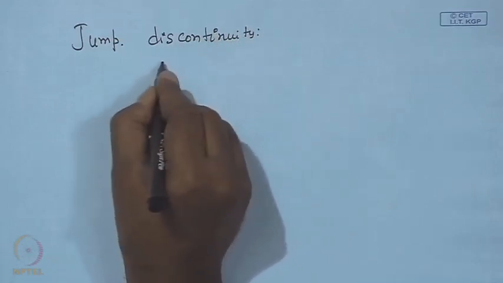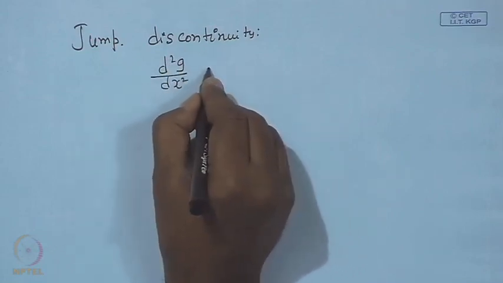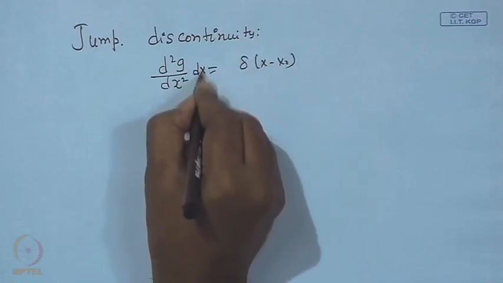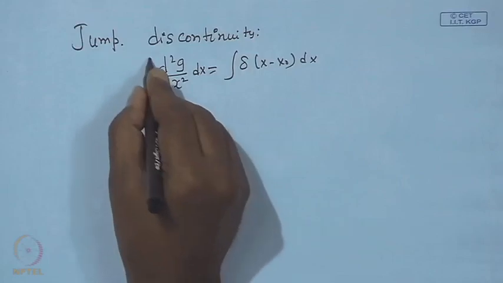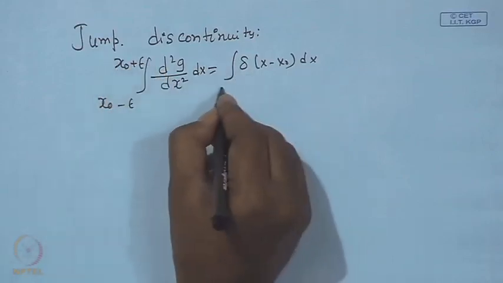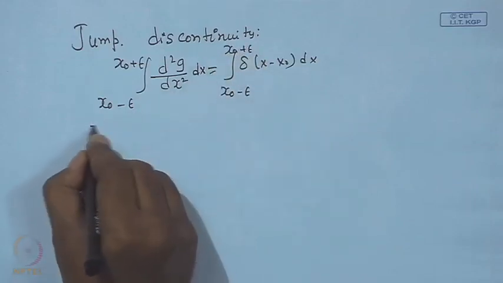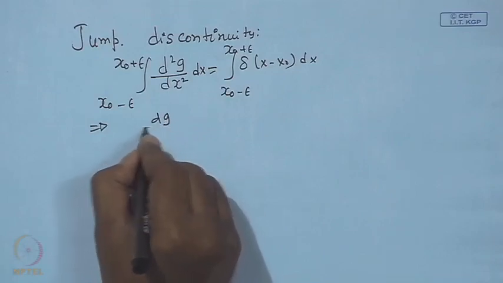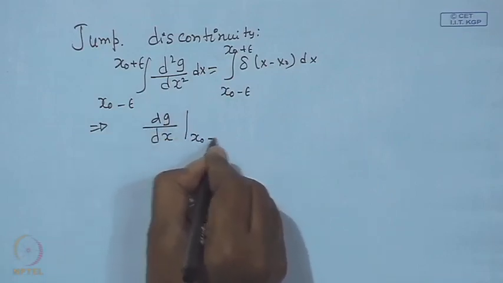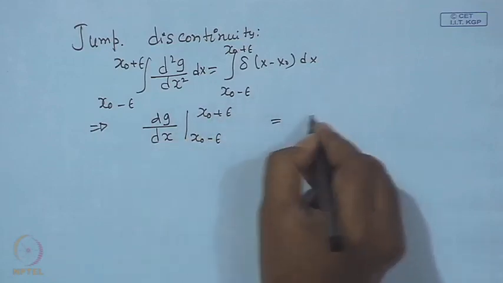We start with the original problem, d square g dx square is equal to delta x minus x naught. We multiply both sides by dx and integrate from x naught minus epsilon to x naught plus epsilon. So, this will be dg dx evaluated from x naught minus epsilon to x naught plus epsilon, and that will be equal to 1.